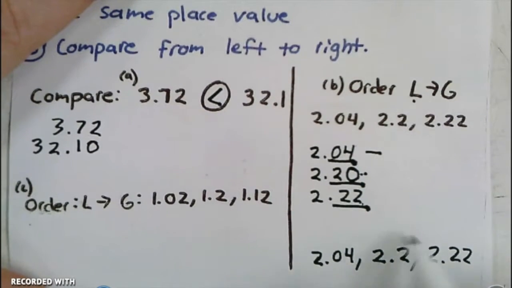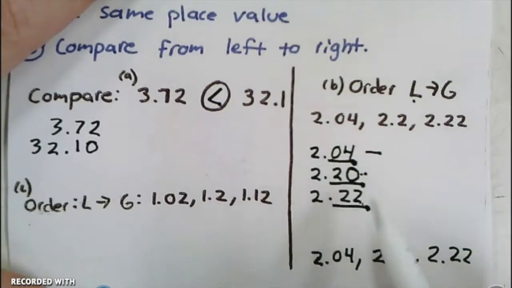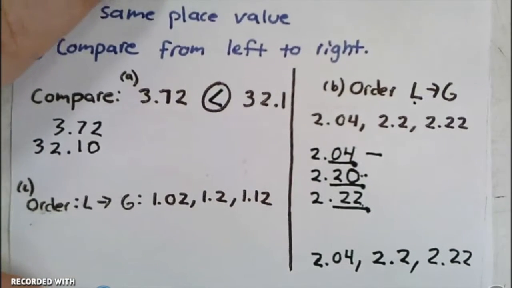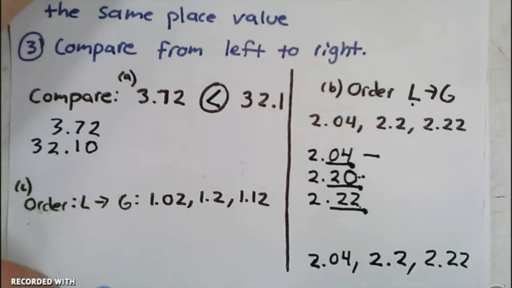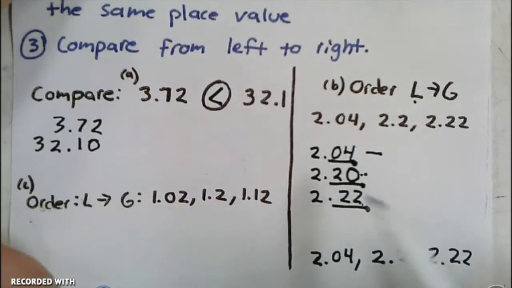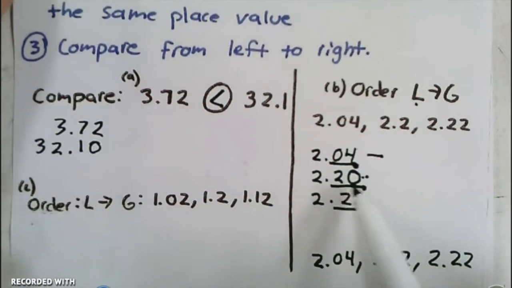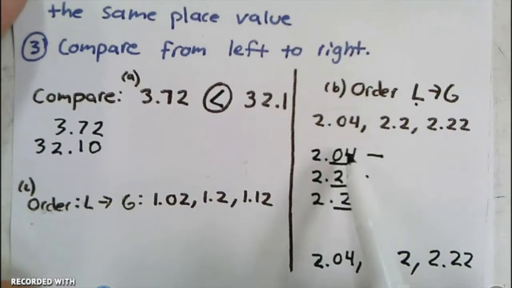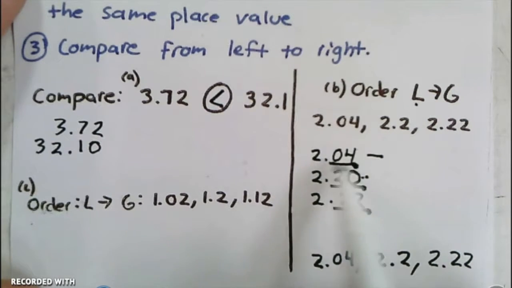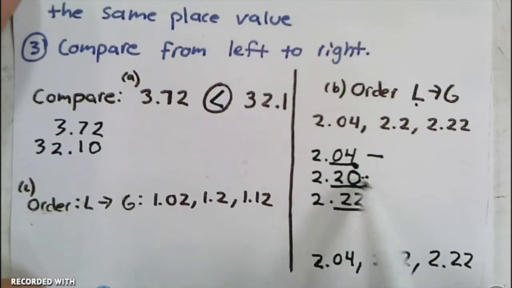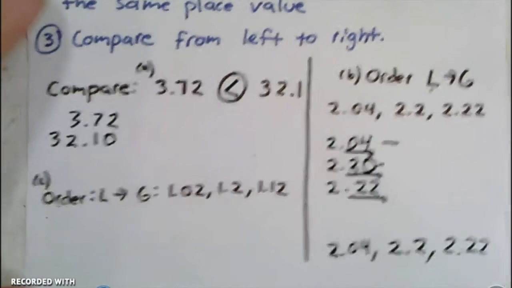And notice that in my original answer, I can drop those zeros that I had annexed before and just write it as the original term. So written from least to greatest is 2.04, 2.2, and then 2.22. Had I not written in that 0, I probably would have thought that 2 is smaller than 4, but really this number is 20. So that's why that was very, very important.